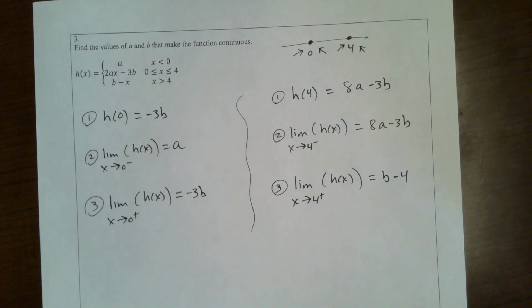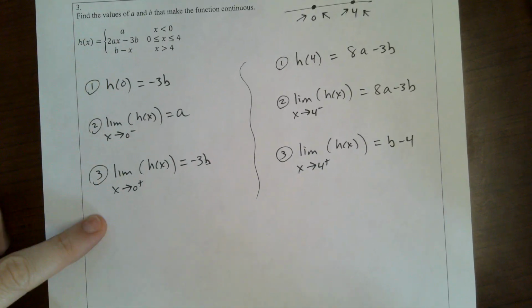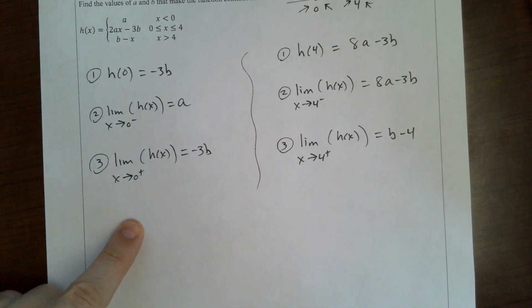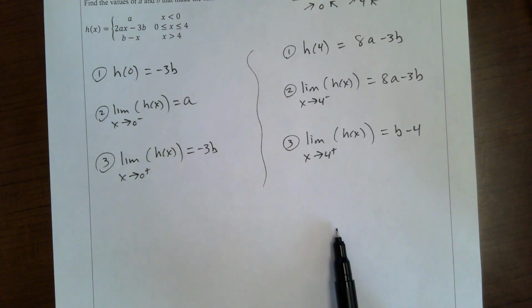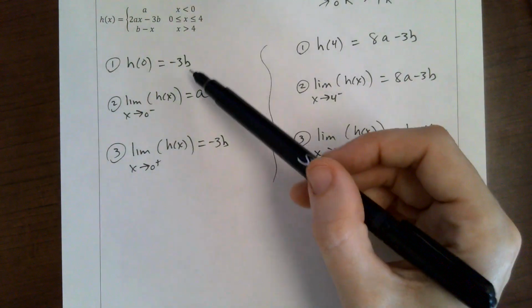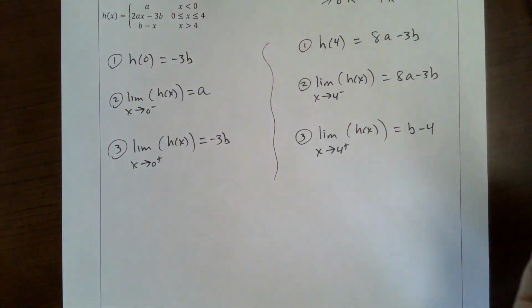Okay. So guys, if you've got 2 variables, you will need at least two equations to solve for those two variables. So we're going to get one equation over here with these conditions, and then we'll get a second equation over here with these conditions. And like I said before, if something is appearing twice, you're not going to use it twice.